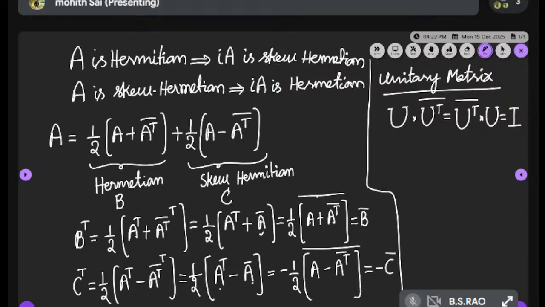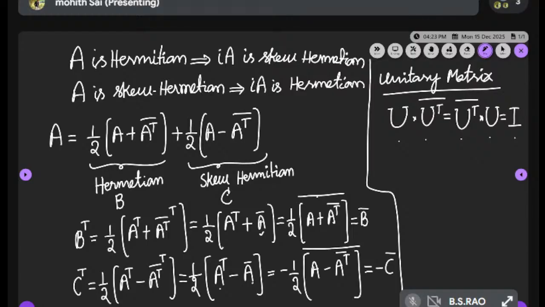It is just like A into A transpose equals A transpose into A equals I. If A into A transpose equals I, what do you call A? Orthogonal matrix.